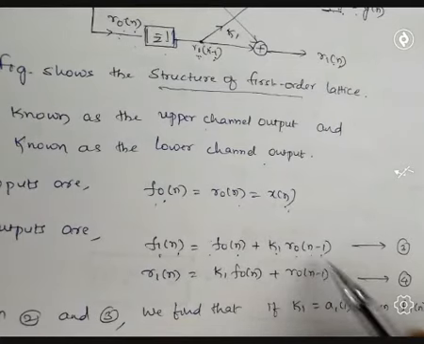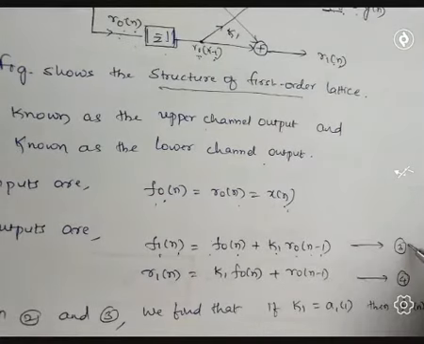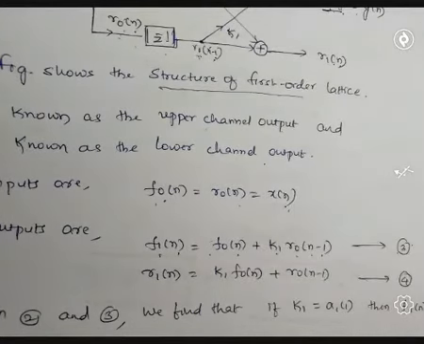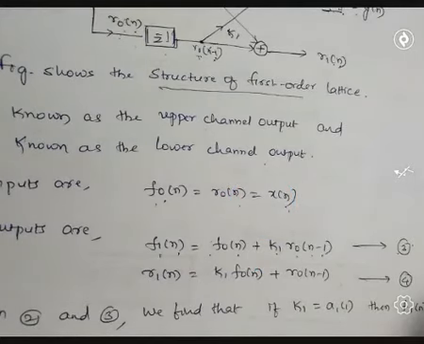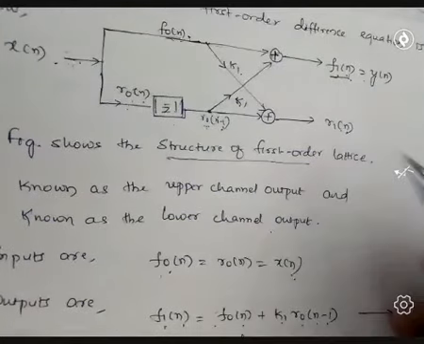I'm going to represent this as equation number 3. Similarly, with the help of the first order diagram, the structure of first order, let us write the equation for the lower channel output. What is the lower channel output? Lower channel output is R1 of n.